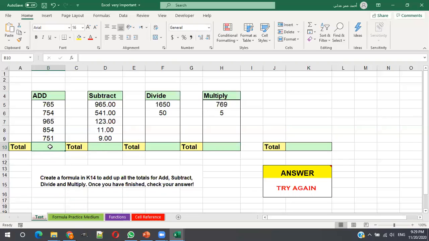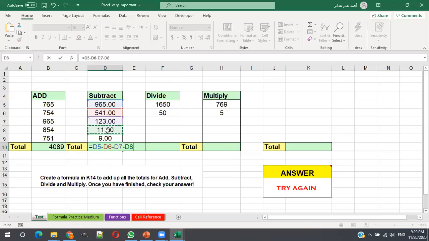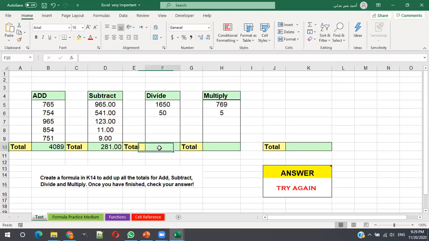Put the equal sign first, then first cell plus second one plus plus plus, and press enter. Very good. You have to put equal sign, then first cell minus second one minus third minus last one. Enter. Perfect.